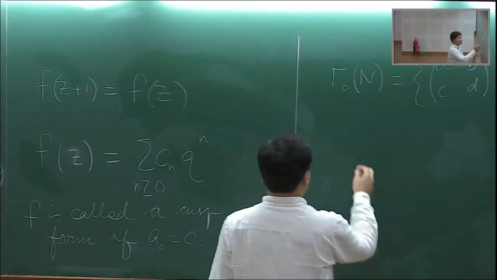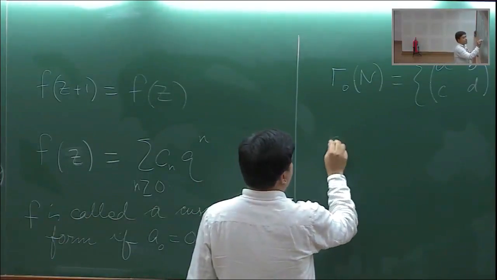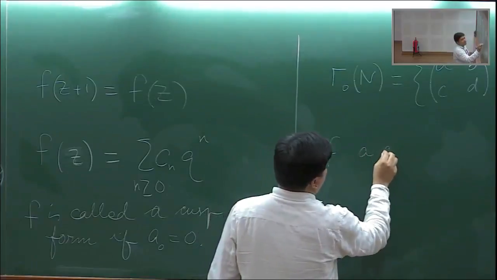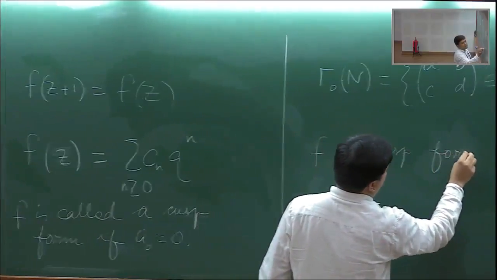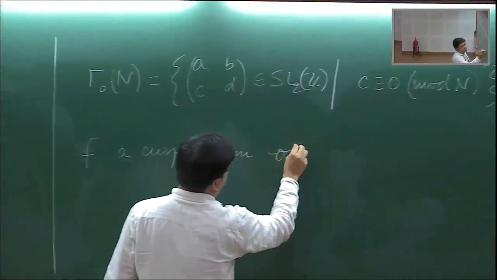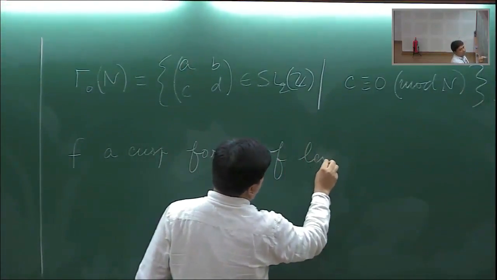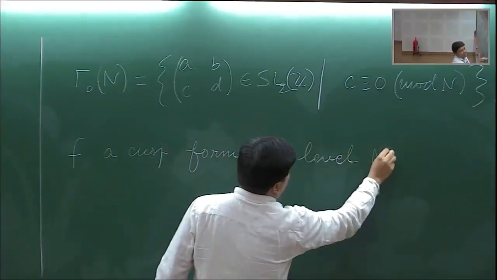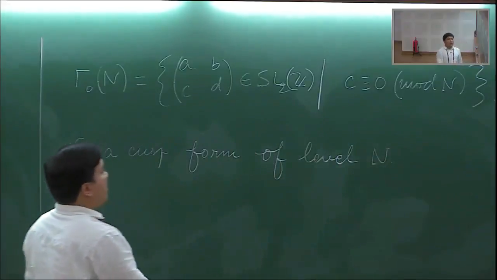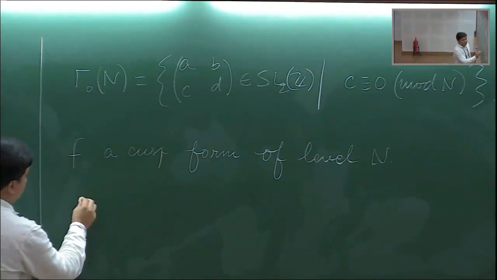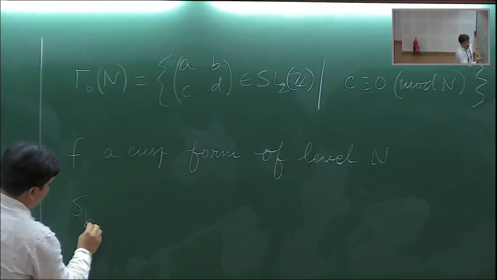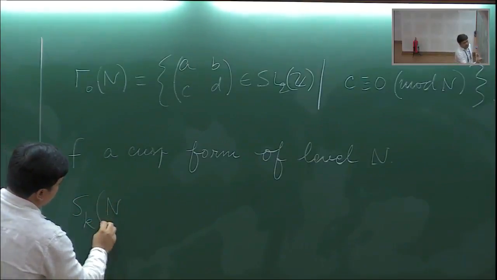And what is a newform? I have the space of all the cusp forms, so let me denote them by S_k(n).